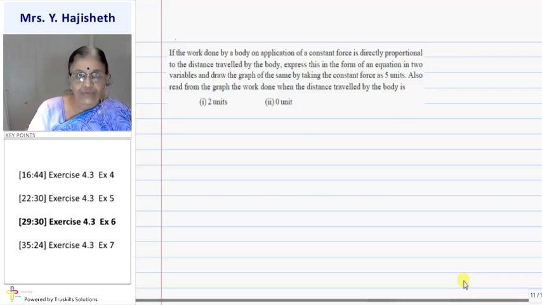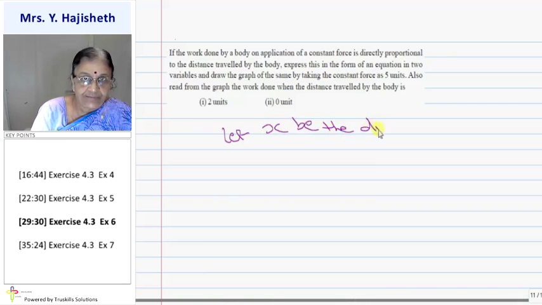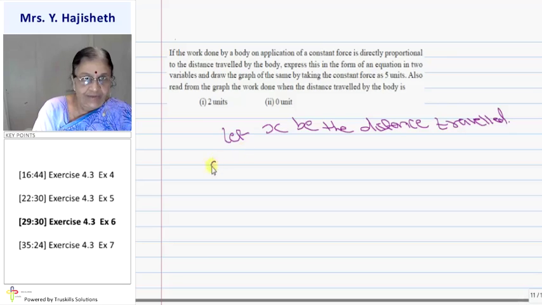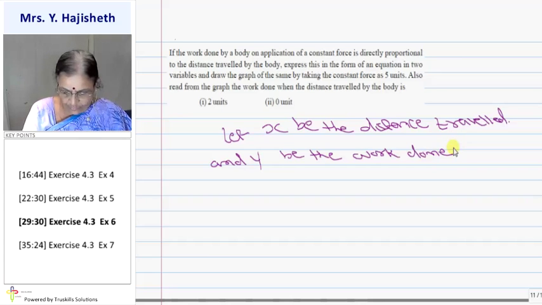So first I assume let x be the distance travelled, and y be the work done. I assume 2 variables for 2 quantities.